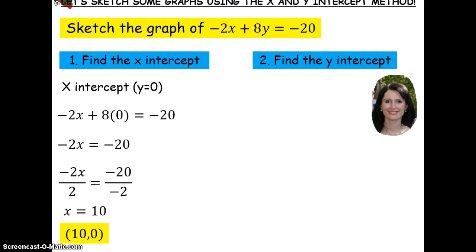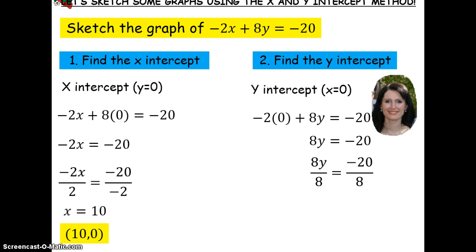So my x-intercept exists at the point (-10, 0). X comes first, y comes second. Don't forget to highlight or circle that. We then find the y-intercept. What do you remember about the y-intercept? At the y-intercept, x = 0. So we substitute x = 0 into the equation. 2(0) + 8y = -20, note the brackets. 8y = -20.